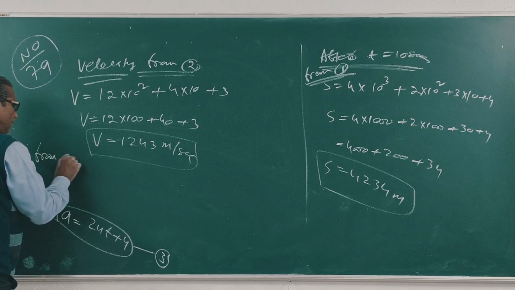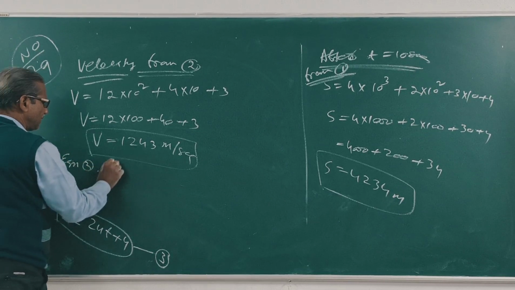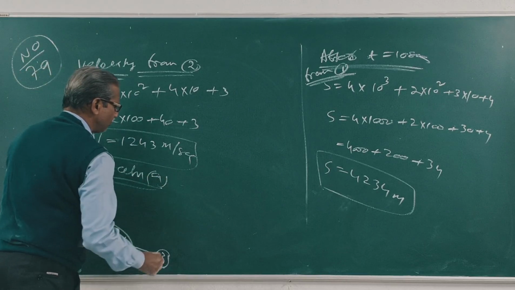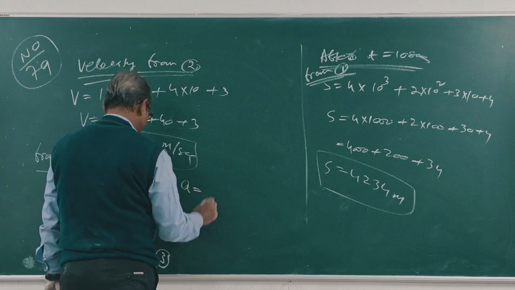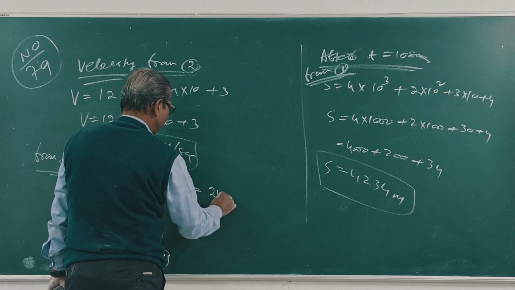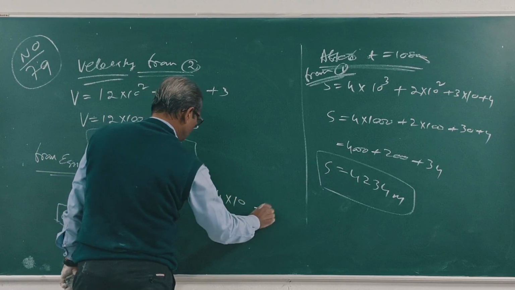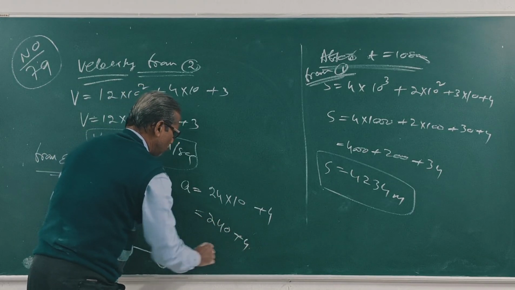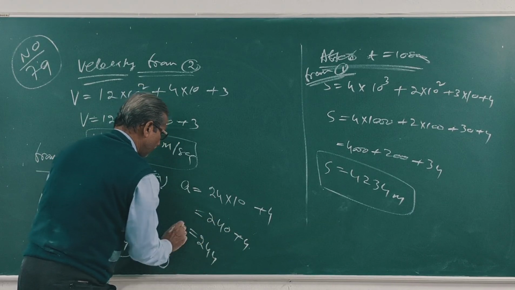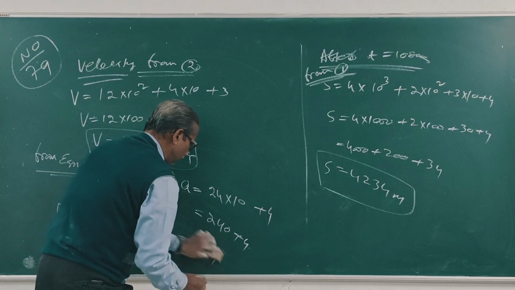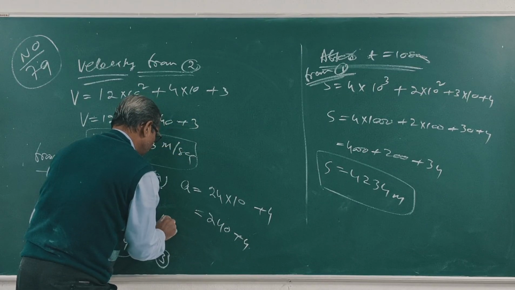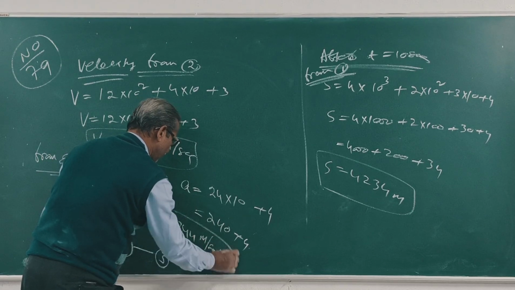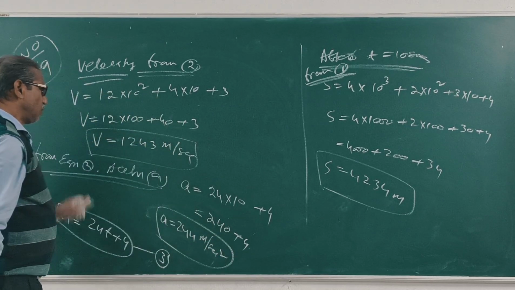What is a equal to? 24 into 10 plus 4, 240 plus 4, 244. So a = 244 meters per second squared. Clear? Now this completes problem 79.